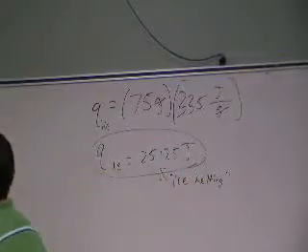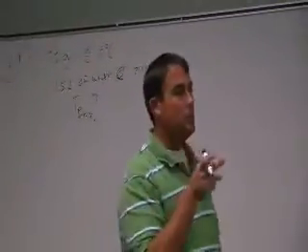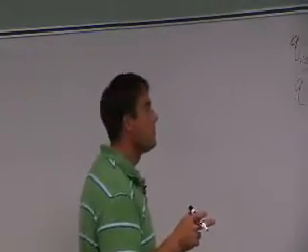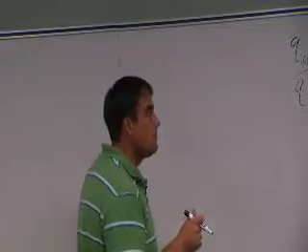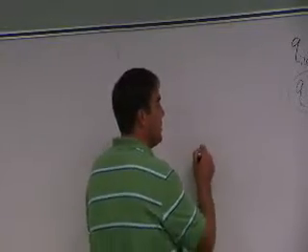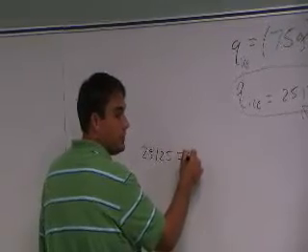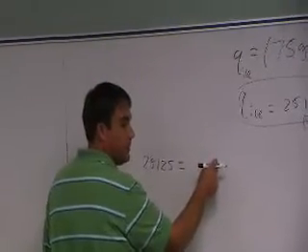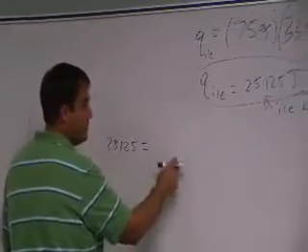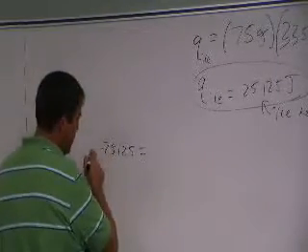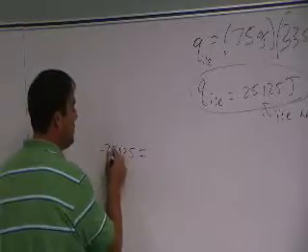Now what he wants to do is concentrate on the water. And what do you want to do with water then? Negate those joules from the temperature of water. All right, so you want to take 25,125 equals the mass of the water times specific heat of water. Wouldn't it be a negative? Do you want to put a negative here? I'm guessing. Okay, he wants to put a negative here. We'll be able to check and see if we're right.